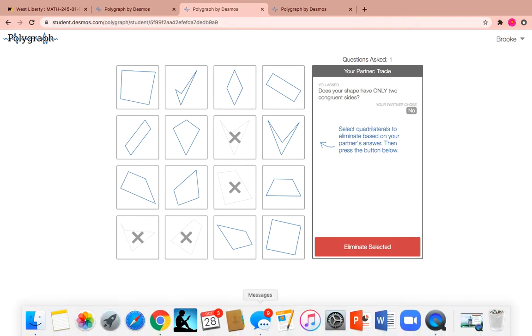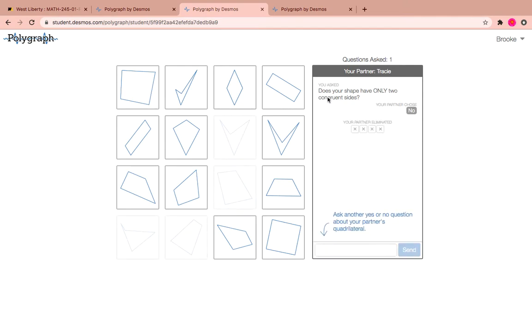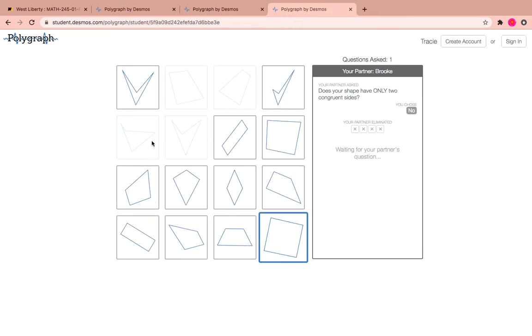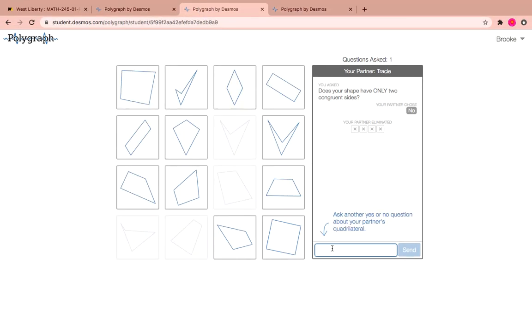Okay, so that is what I am going to select. If you're iffy on some, that's okay. Just try to answer them to the best of your knowledge. This is practice, but we still want to try our best. So after we decide what we're going to eliminate, we eliminate the selected, and our partner will be able to see what we eliminated, how close we're getting to finding their quadrilateral. So now we can go ahead and ask another question.